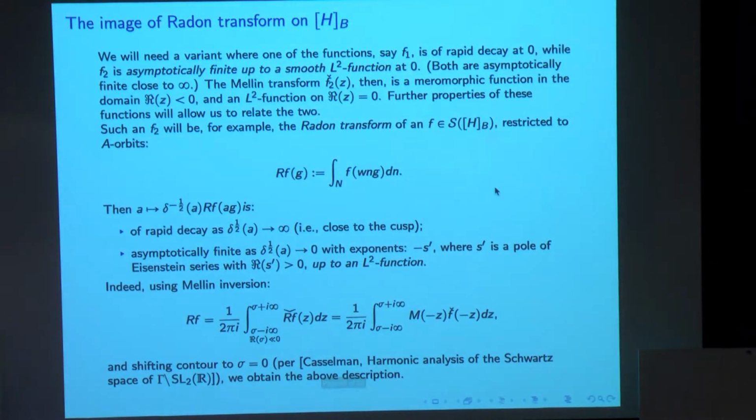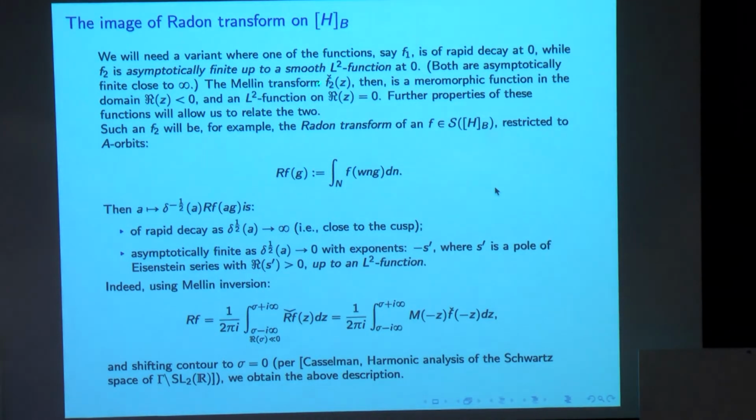Okay. So actually, we can allow ourselves to relax this notion of asymptotically finite. We can ask that one of our functions, let's say f2, is asymptotically finite up to a smooth L2 function. That means that it has some big exponents, and then if we remove them, then it's a smooth L2 function.